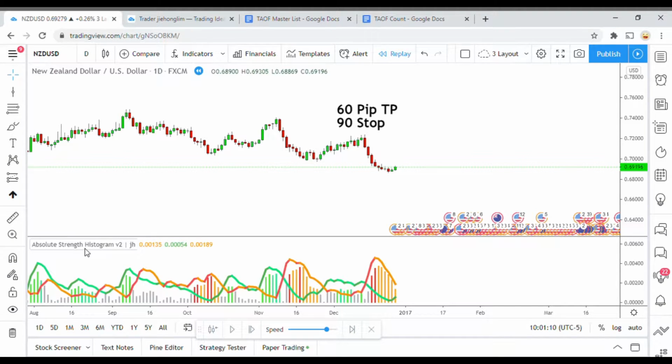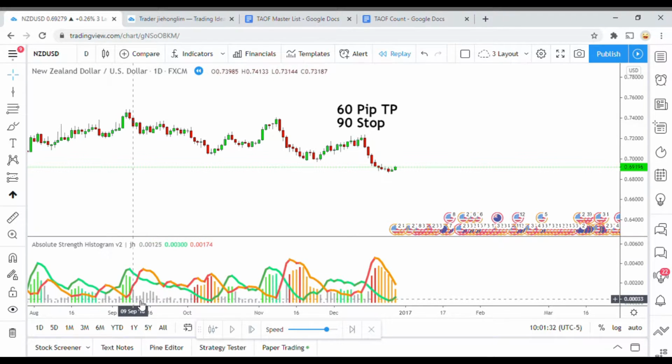After all, it is named the absolute strength histogram, not the absolute strength oscillating lines, or something along that line. And so what I believe the creator has done is created a two-part system.